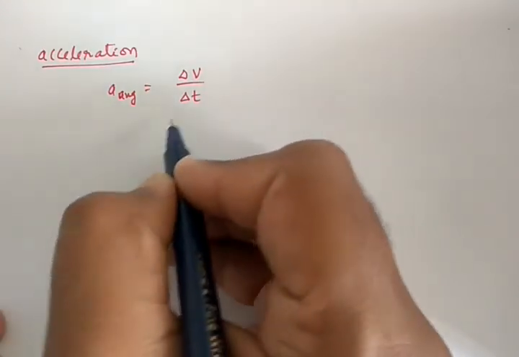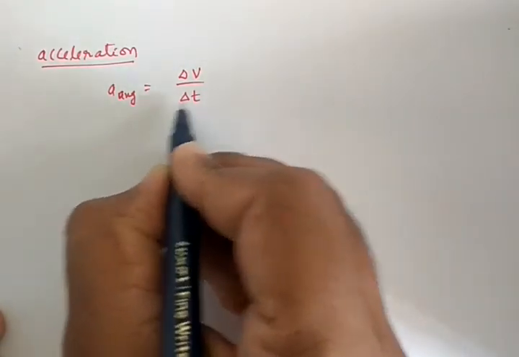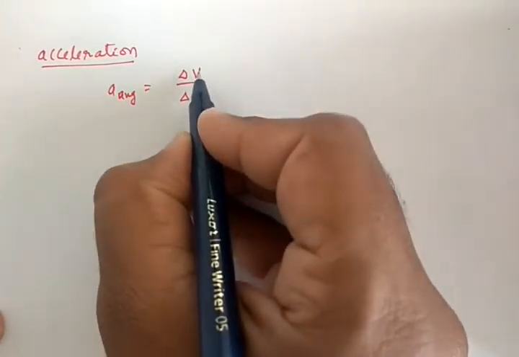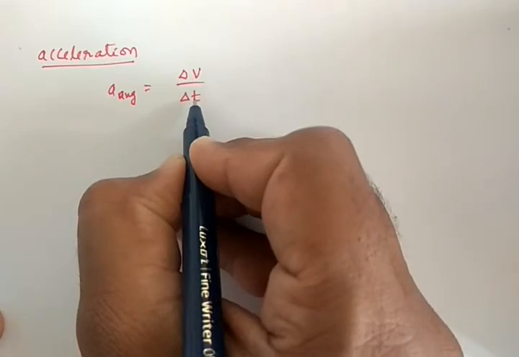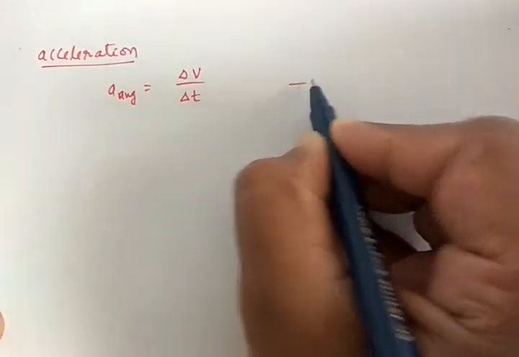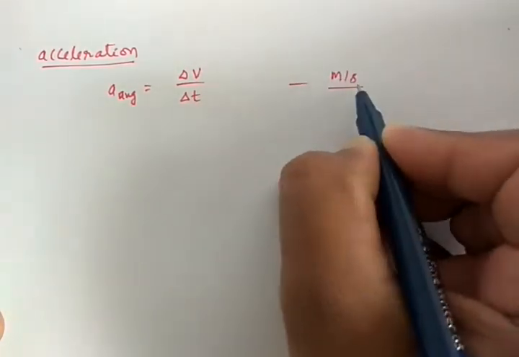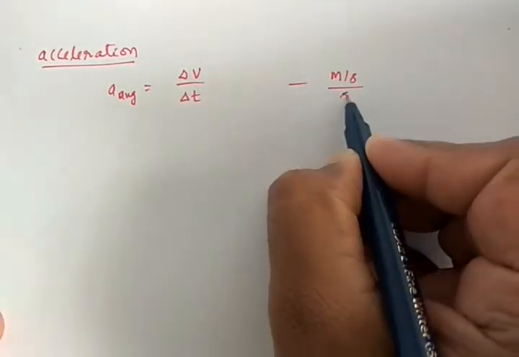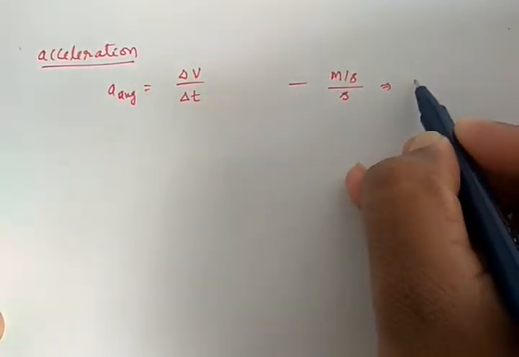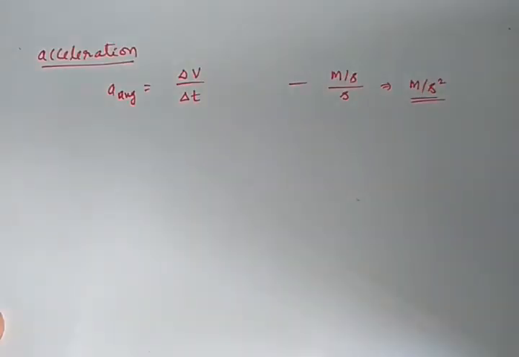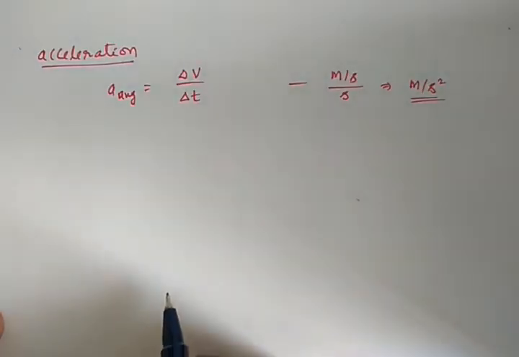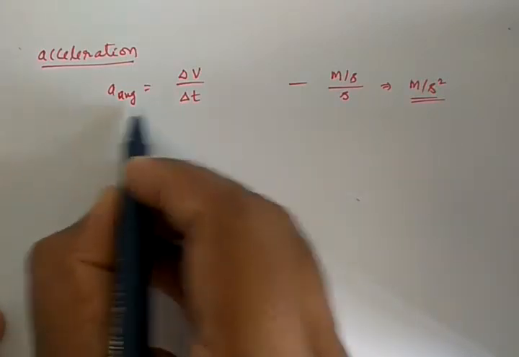For the units, we already wrote that for velocity it is meter per second, and for t it is a second, so meter per second squared is the unit for acceleration. And this is the average acceleration.